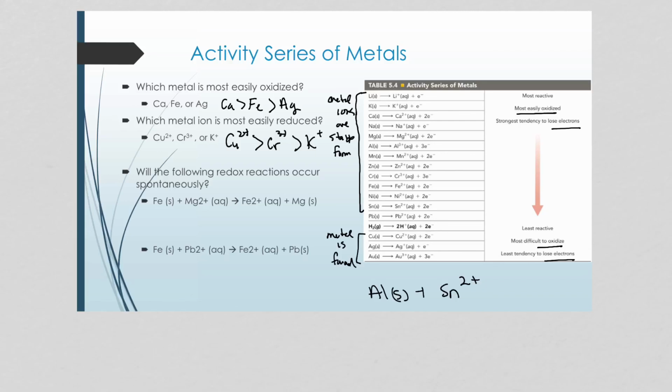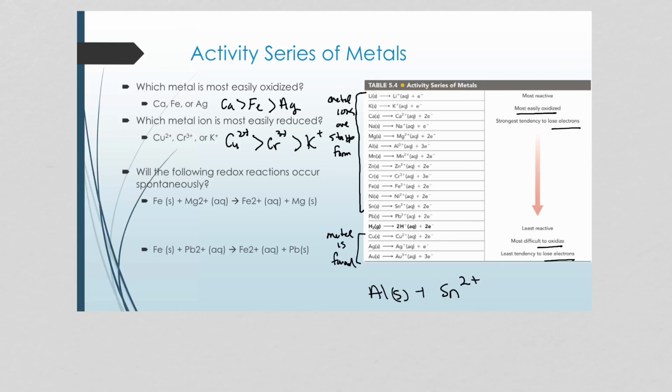Well, the idea is that when we're looking at these, the metal always has to be higher in the table. So we need a metal that's going to be more easily oxidized to give its electrons to ions that are more easily reduced, that are lower in the table.